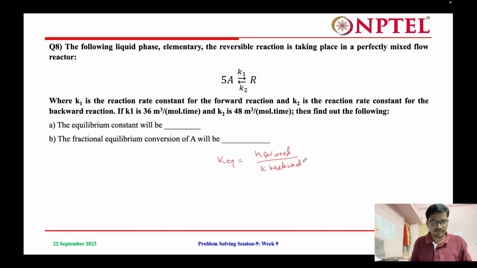Here K1 denotes the forward reaction and K2 denotes the backward reaction. So put your given values in this equation: 36 by 48, which is 0.75. This is the equilibrium constant.